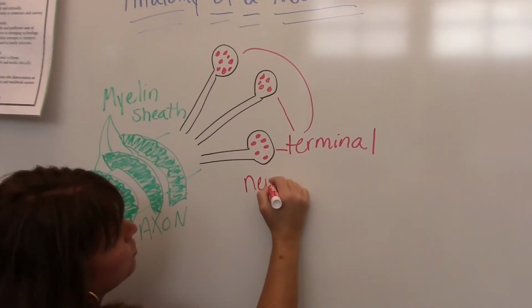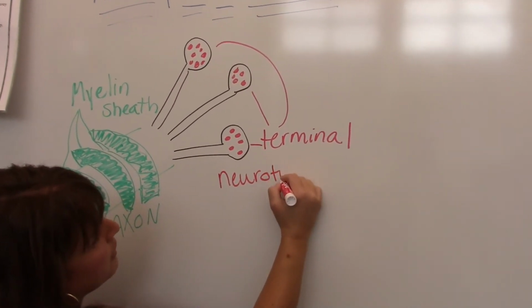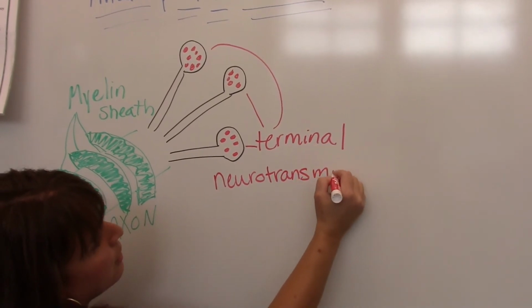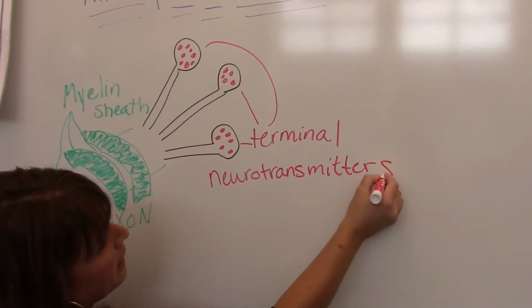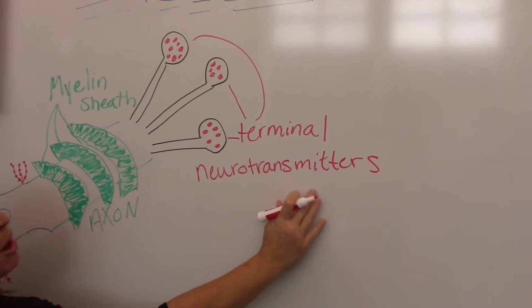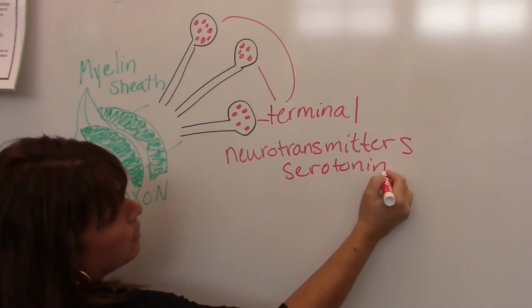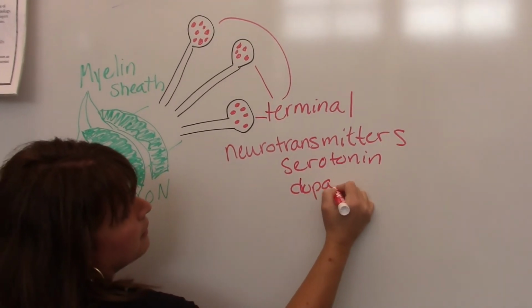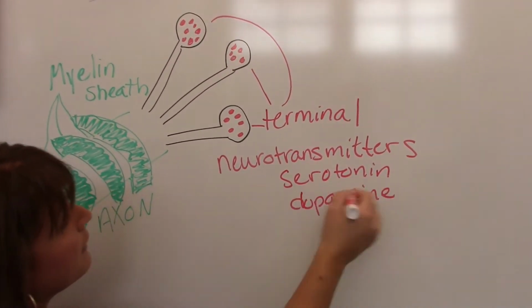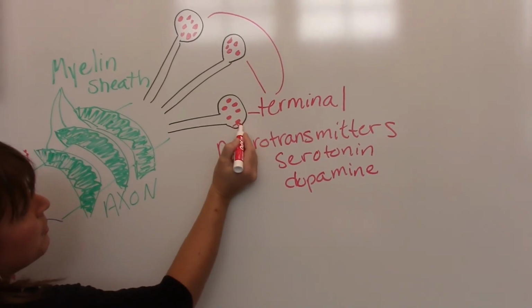So, neurotransmitters. On page 51 of your text, there is a list of more popular neurotransmitters, like serotonin, for example, and dopamine. These are involved in mood and hunger and things like that. So these are the red dots right in there.